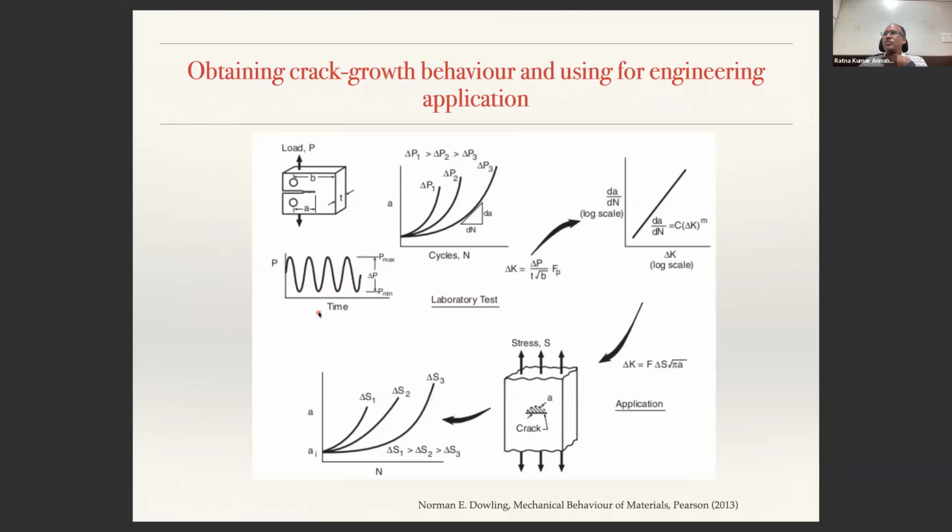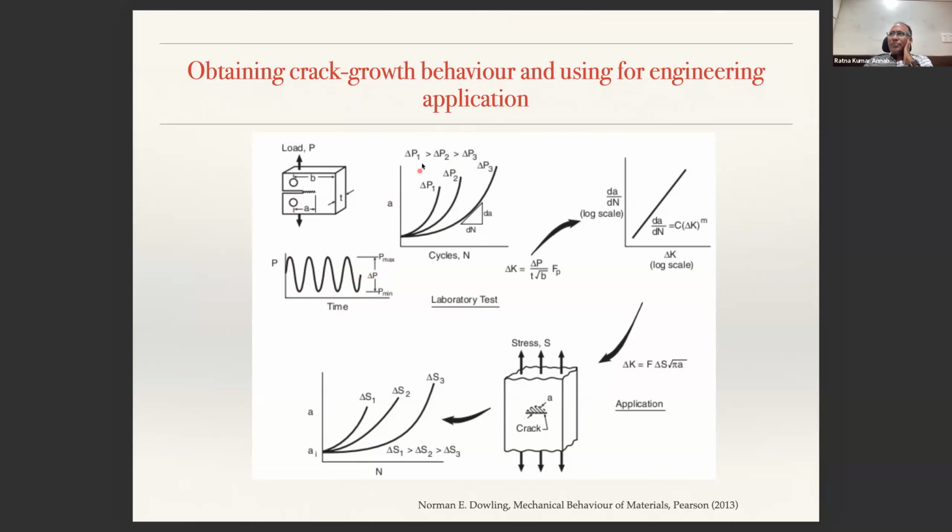Okay. So this is how you obtain crack growth behavior and use it for applications. How do you apply it? For example, if you have a specimen whose dimensions are such and such, and you are applying a cyclic load, the load goes between P min and P max, and this is what we call the load range delta P. Now let us say you are applying different delta P's, delta P1, delta P2, delta P3.